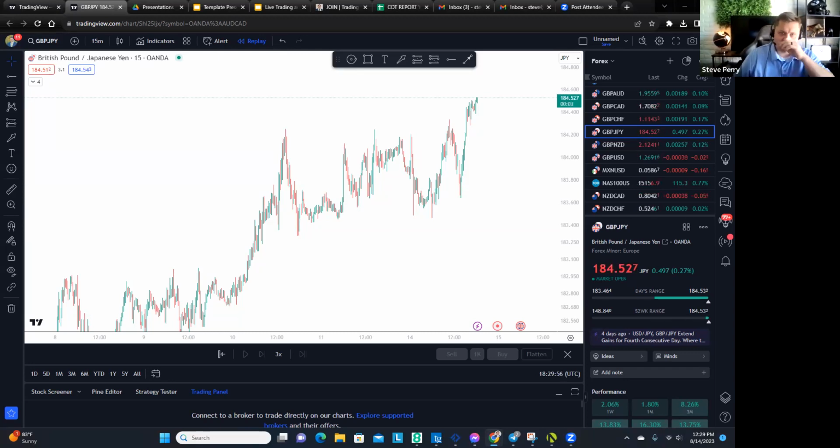Are we breaking up? Are we breaking down? Just read it, right? That's the number one thing. There's nothing better than finding structure. And then the next thing, like Roger says, is identifying a zone of liquidity that's appropriate for the structure that's subsequently broken, right? Nothing better than that.